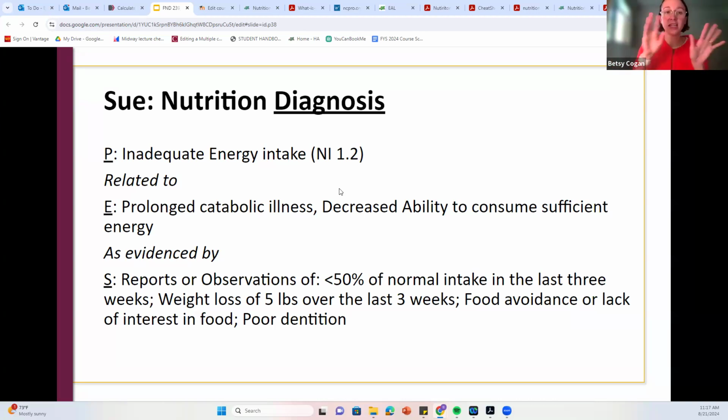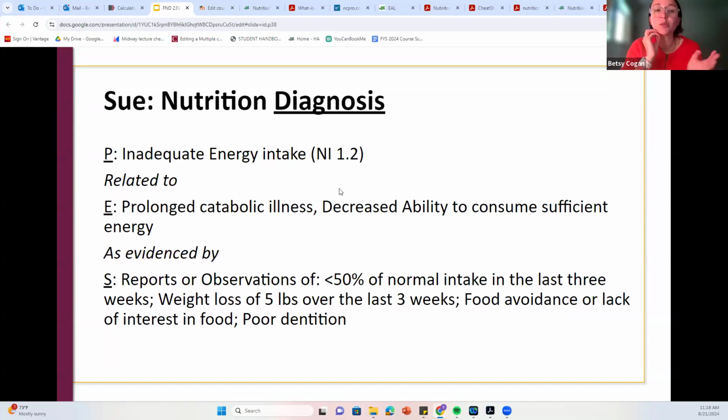And then we write related to, where we list the etiology. So for Sue, her etiology is prolonged catabolic illness, aka cancer, and decreased ability to consume sufficient energy. So her disease is catabolic, meaning there's a lot of calories being burned because of the cancer. If she had loss of appetite, right, we might put that in here too.